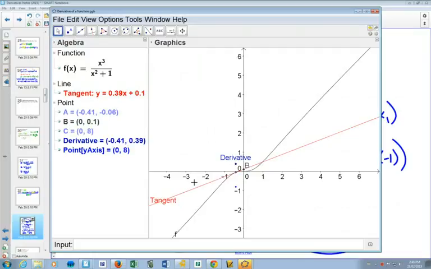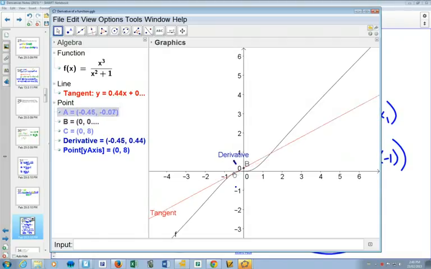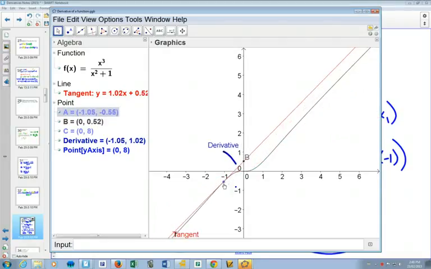Oh, my graph was a little off. Now, if we take this point right here and bring it down to negative 1, right there's close. Okay, it's telling us that at that point, we've got negative 1, negative 0.5.